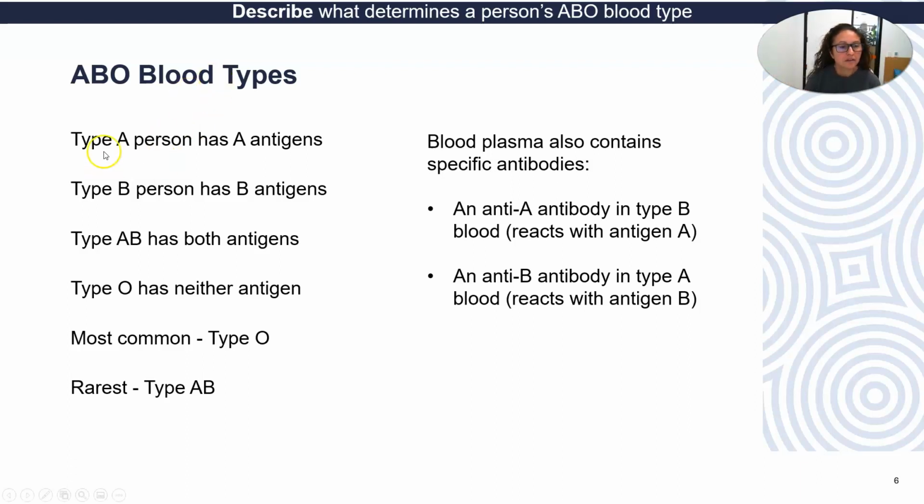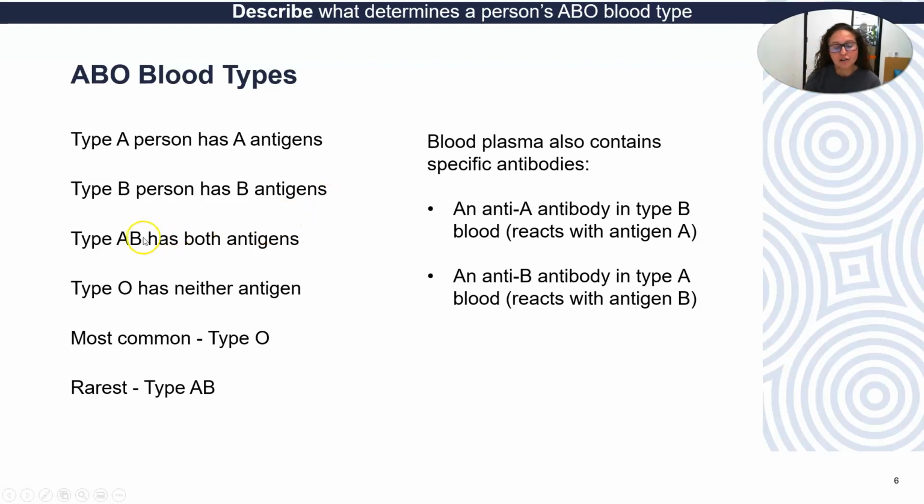Here we go. Let's have a look at the ABO grouping method. If you are a person with type A blood, you have A antigens sticking out of your red blood cell. If you have type B blood, you have B antigens sticking out of your red blood cell.